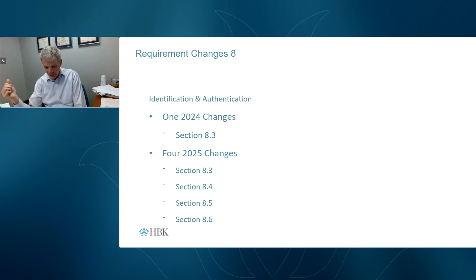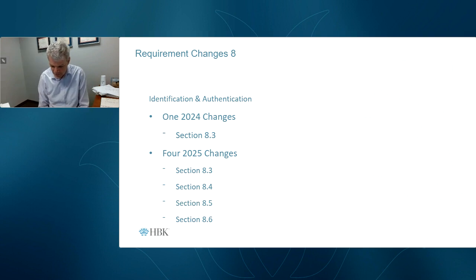Next year, that same 8.3 section is going to require that the password length move from 7 characters, which is pretty low because we typically see at least 8 now, to a length of 12. And then 8.4, again, I was talking about multi-factor. 8.4 and 8.5 sections deal with MFA, protecting the cardholder environment.